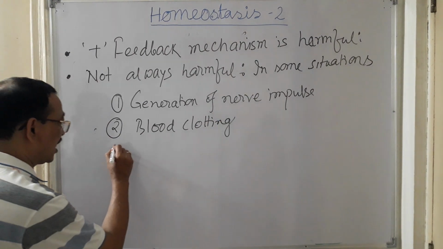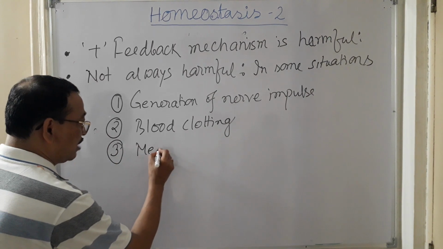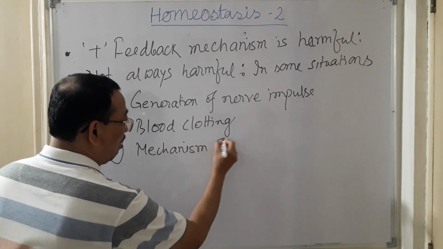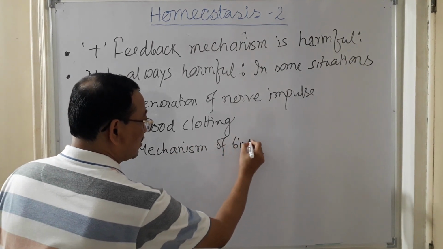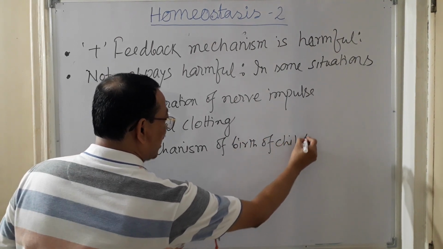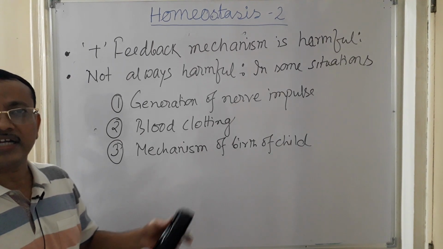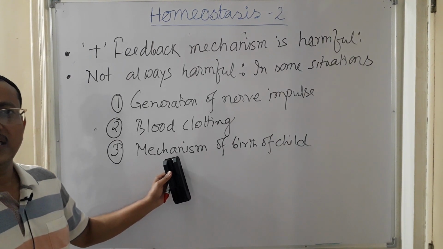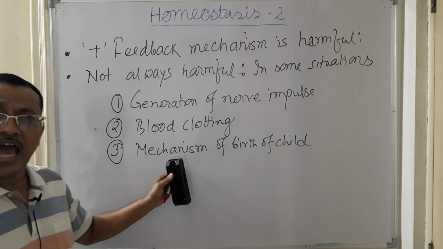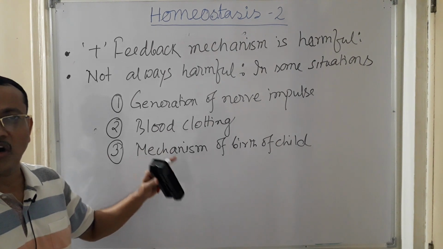And another one is the mechanism of childbirth, the birth of the child. That is also a very useful phenomenon for mankind, and this process is also beneficial to our body, and in this mechanism the positive feedback cycle is going on.